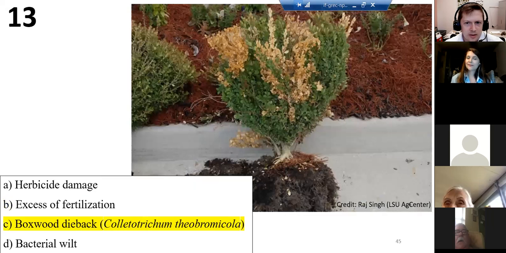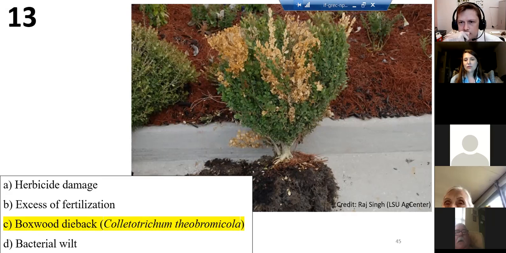Number 13. So for 13, most people got this one. Almost everybody got this one. That was a few years ago. It was a disease that had recently been introduced, and it was causing a lot of problems. And then we were on a witch hunt against this disease as well. But now it's pretty much everywhere in here.